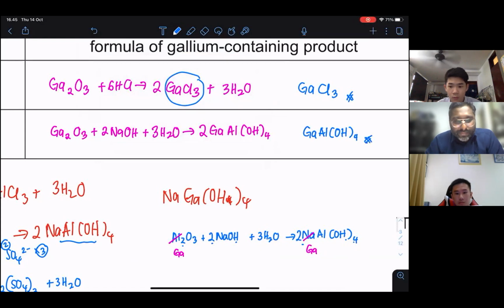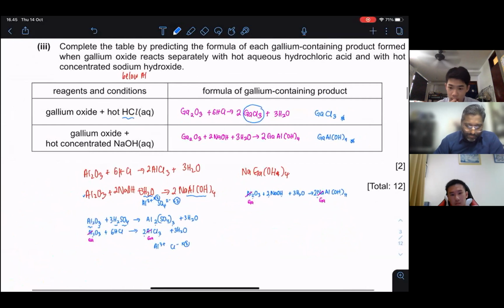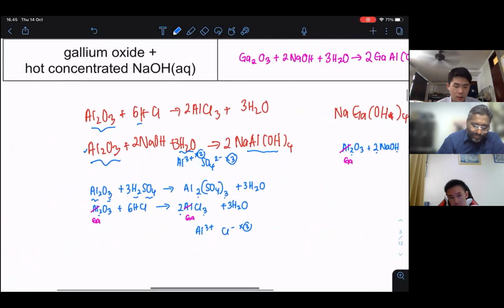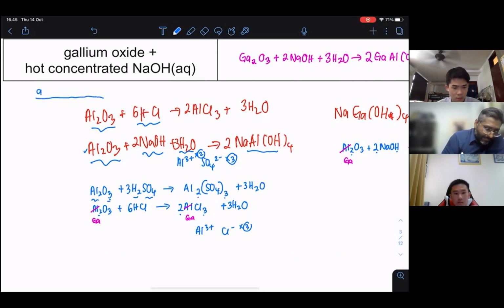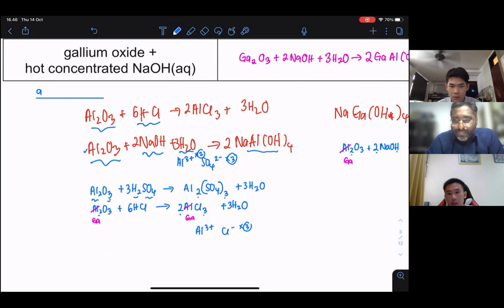What we are learning here is that aluminium oxide or gallium oxide react with both acid and base. So we call group 3 oxides by a term that starts with A. Can you remember? What do you call aluminium oxide and gallium oxide? James?